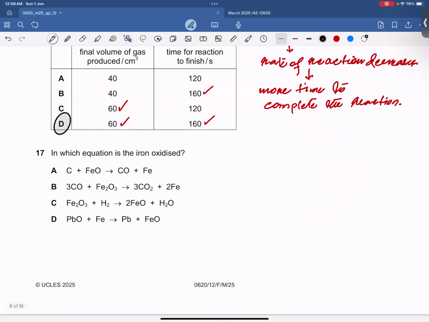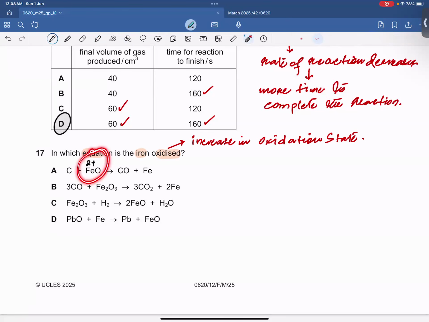In which equation is iron oxidized? Iron oxidized meaning increase in oxidation state. In option A, iron has an oxidation state of +2 in this compound, whereas in this, iron is found in the elemental form, which is why it is 0.